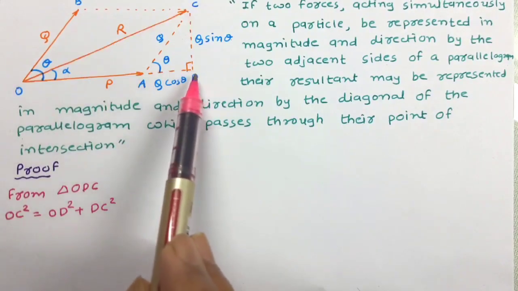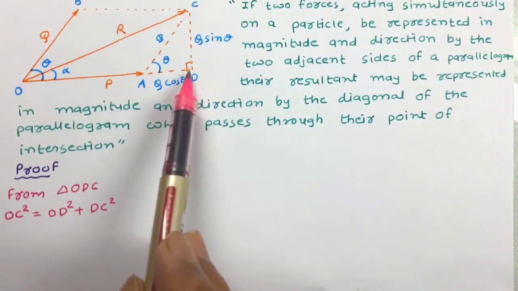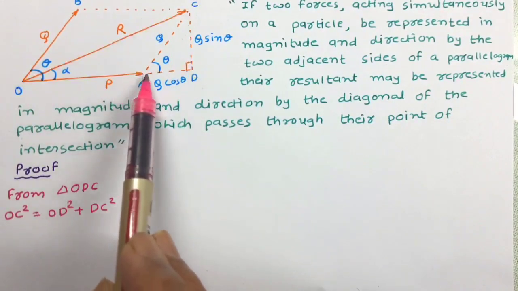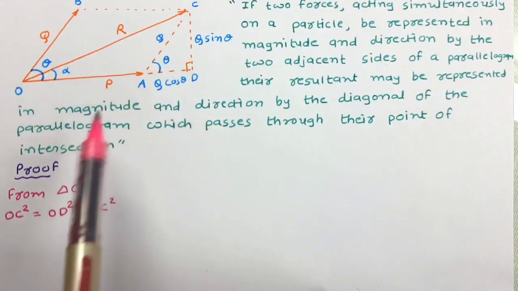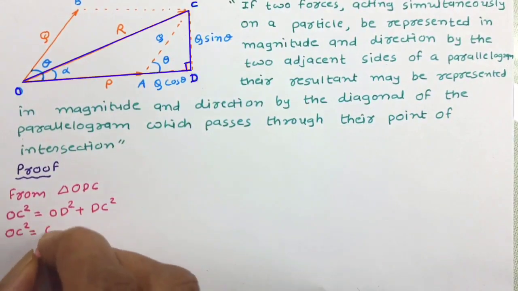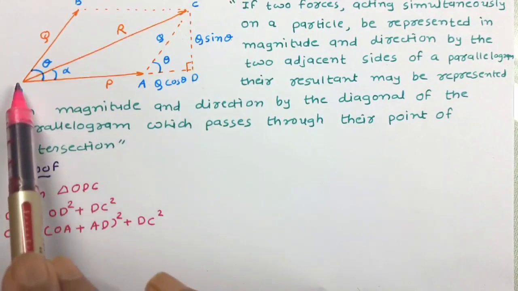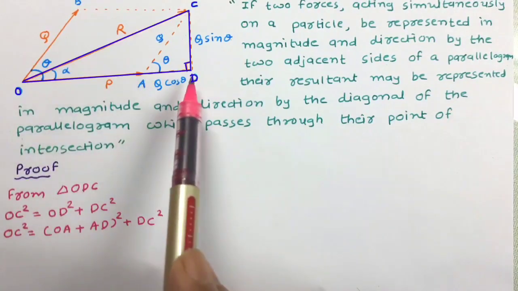Now this side OD, we can write OD is equal to OA plus AD. So instead of the complete length OD, we have written OA plus AD.